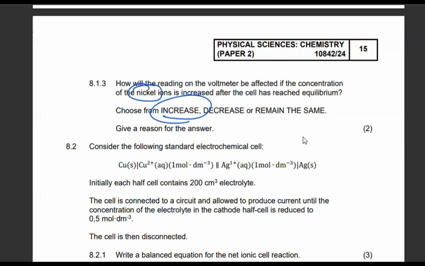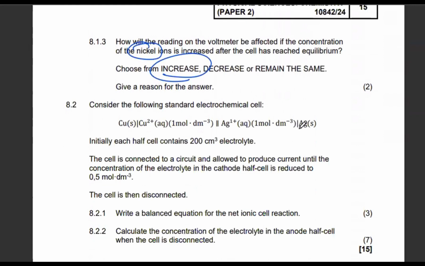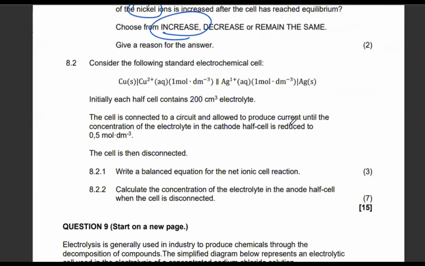Give a reason for your answer. Because there is an increase in the nickel ion concentration, which will favor the forward reaction, therefore the reaction will continue. It can favor the reverse reaction or the forward reaction, but since nickel is at the cathode, the forward reaction is going to be favored.